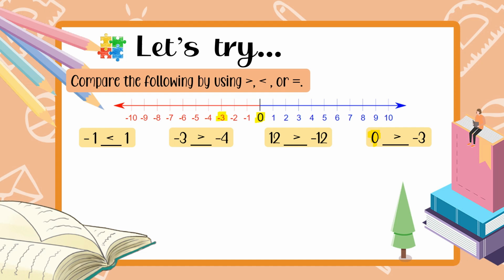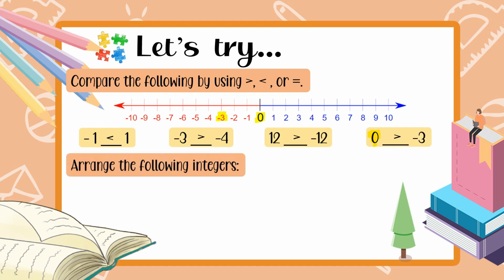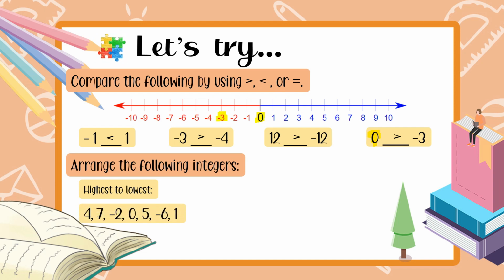Now, let's have the second or the last activity. Arrange the following integers. So, the first one, we have to arrange it from highest to lowest. We have 4, 7, negative 2, 0, 5, negative 6, and 1. Okay? So, ang pinakamauuna natin, since highest to lowest, yung pinakamataas.